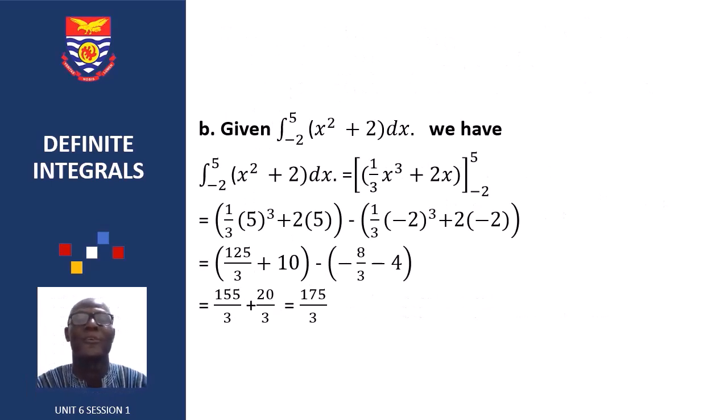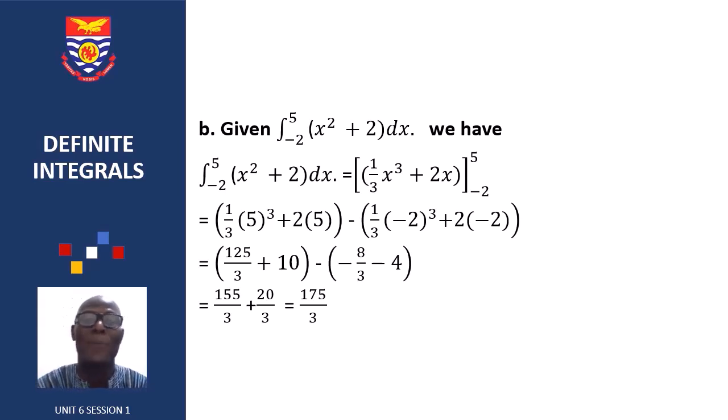B, to evaluate the integral, the lower limit negative 2, upper limit 5, x squared plus 2 dx, we integrate the function first by increasing the exponent and dividing by the new exponent. And the integral of the function gives x to the power 3 divided by 3 plus 2x. Then we put in the upper limit, which is 5, then minus putting in the lower limit negative 2.